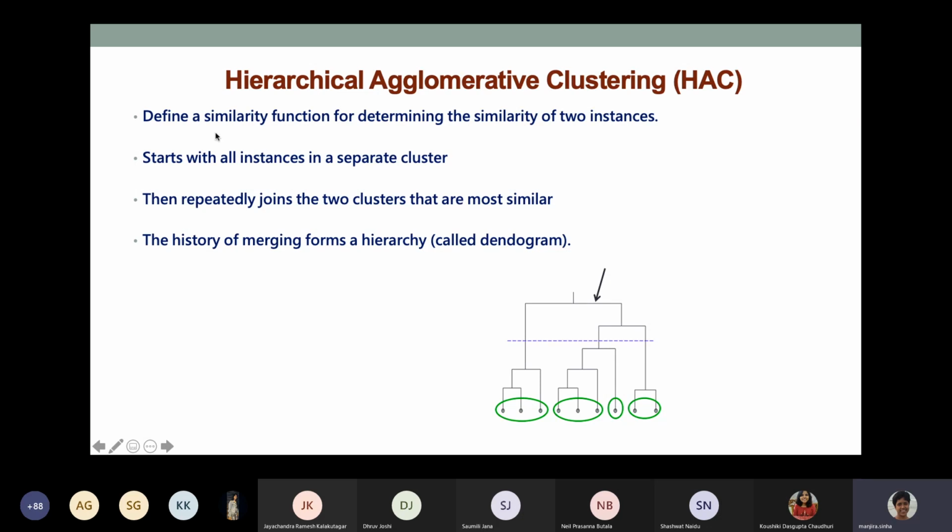Now if I need to group the nodes into different clusters, I also need to determine a similarity function to come up with the similarity of two instances. Otherwise, how will I know which two nodes I should group into one cluster? And as you can see in this process, I am always grouping two nodes into one cluster.